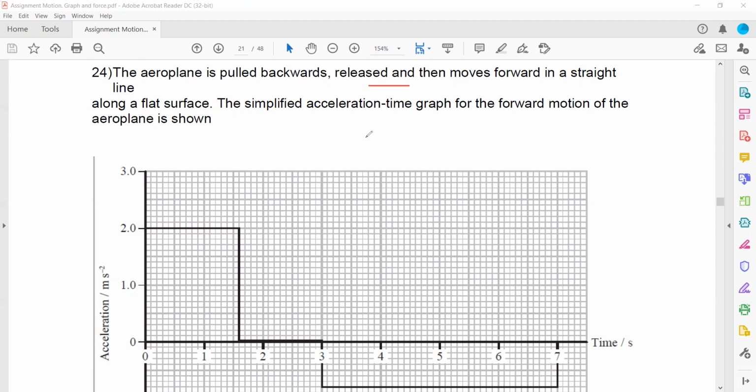So we have the formula a equals (v minus u) over t. a is the acceleration, which is 2 from the graph. v is the final speed, which we don't know. Initially it starts from rest. And the time, how much time did it take? 1.6. So this 1.6 is multiplied, so it will be 3.2. The final speed will be 3.2 meters per second.